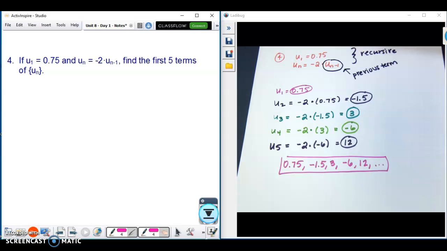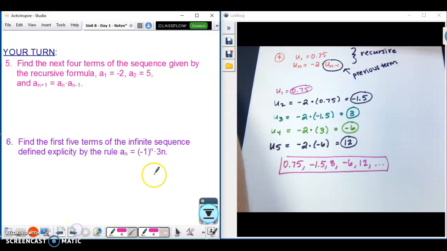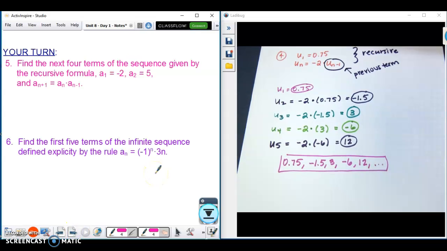If we were given a recursive formula and asked you to find the 100th term, you would have to know the 99th term, the previous term, in order to get that 100th term, okay? So that kind of explains a big difference on what it is. So we just have 2 more practice problems of this, and then we'll switch gears a little bit.